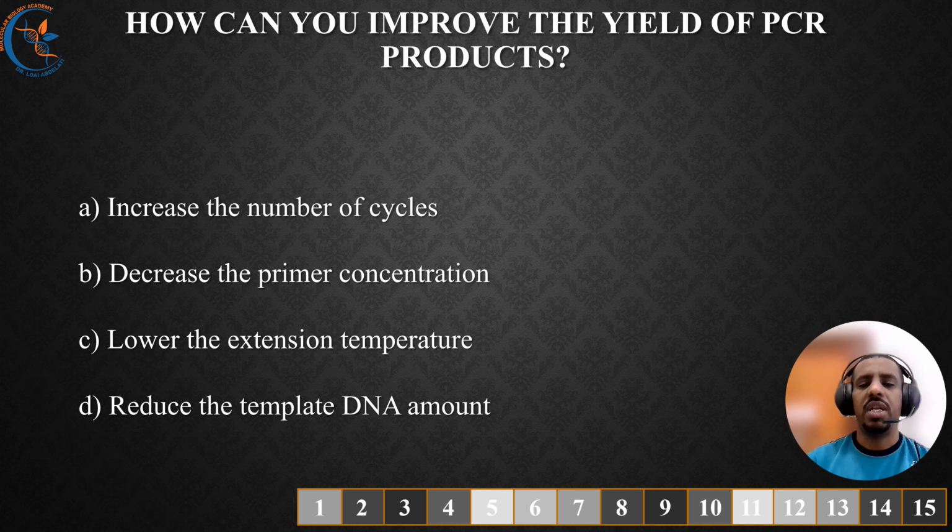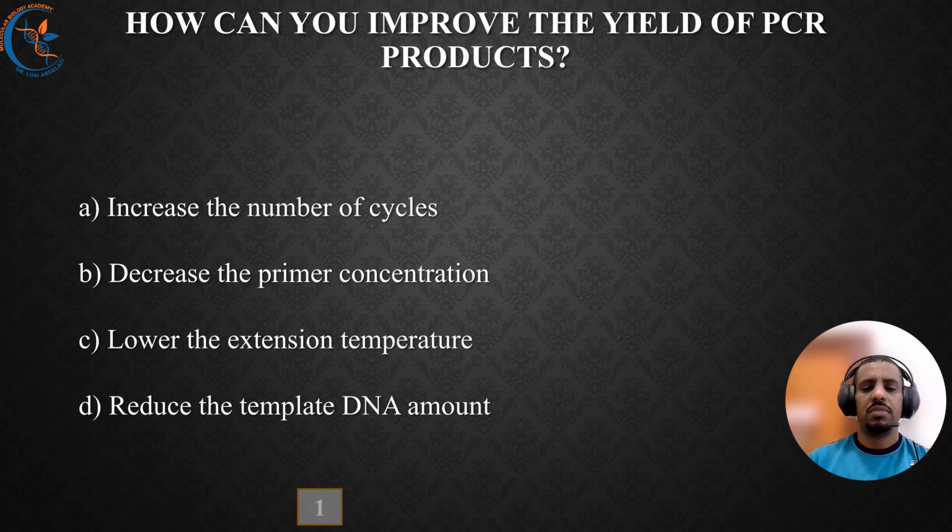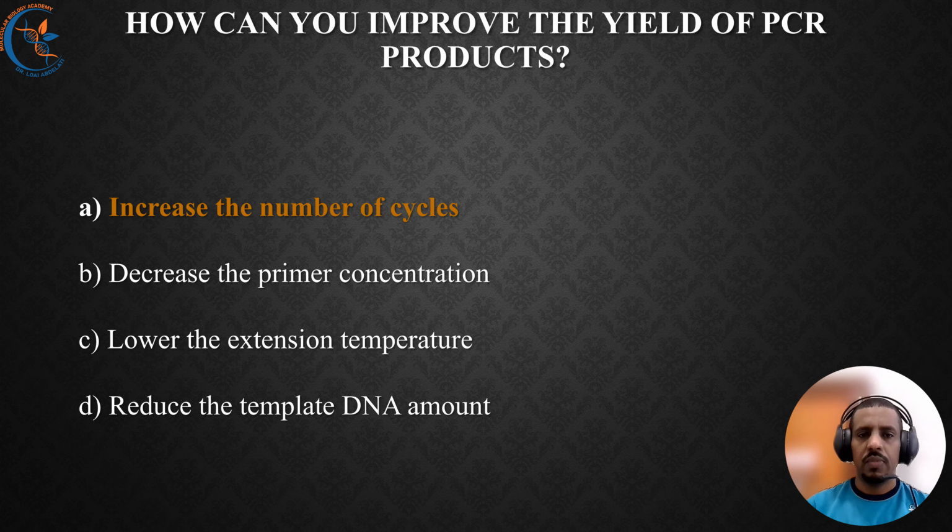All right, the next question. How can you improve the yield of PCR products? The correct answer is increase the number of cycles. Actually, increasing the number of PCR cycles can improve the yield of amplified product by allowing more rounds of DNA synthesis.